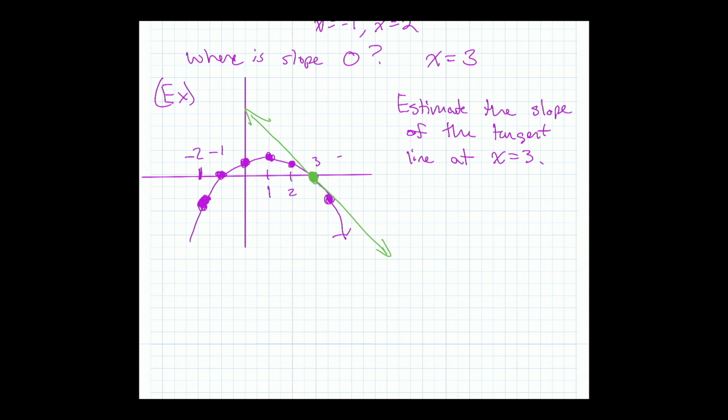Now, you drew the tangent line, and then you just need to figure out what slope it is that you just drew. And it's not going to be a perfect answer.